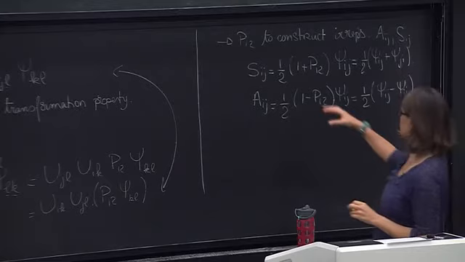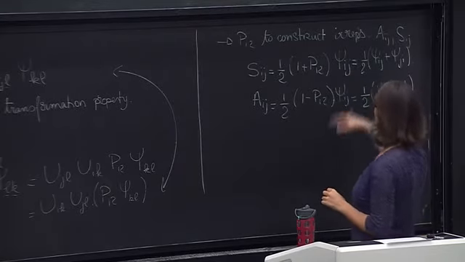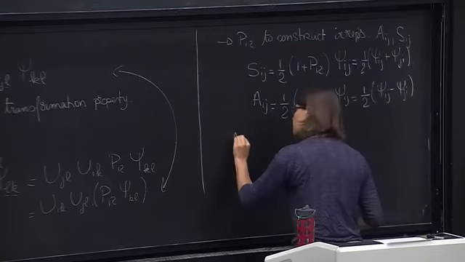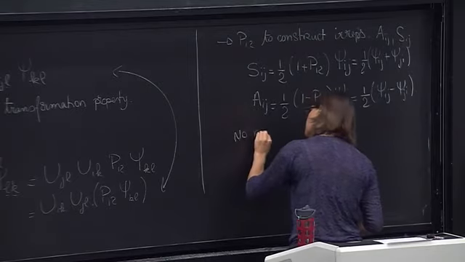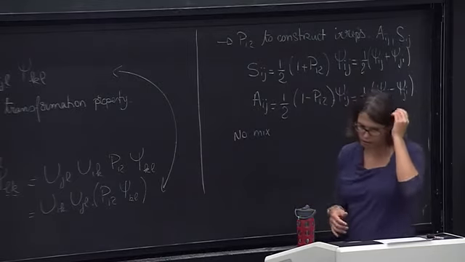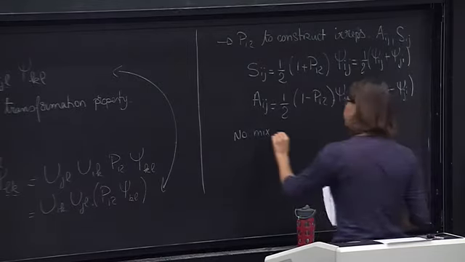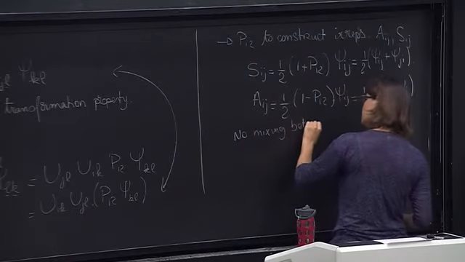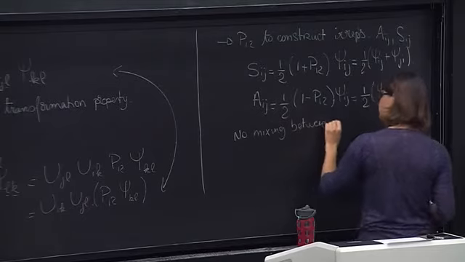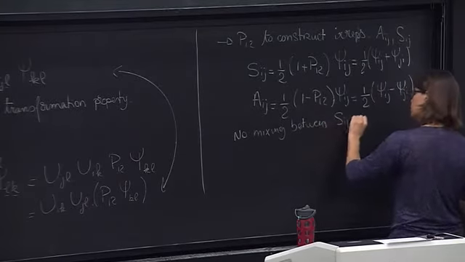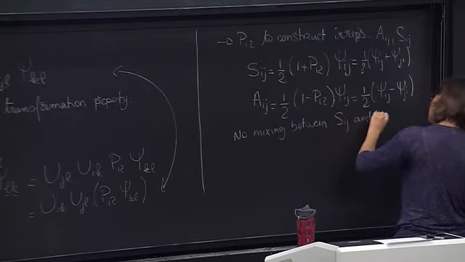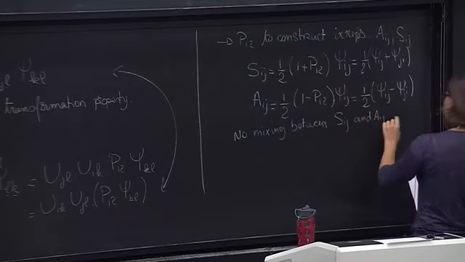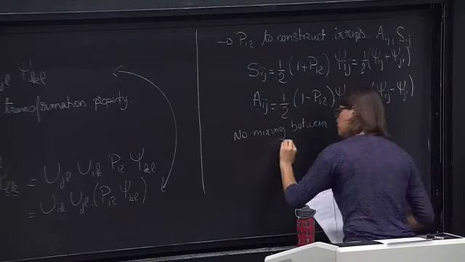And here what is interesting is that there is no mix. So that's why it's also a representation. So there is no mixing between these two parts, the antisymmetric part and the symmetric part, under SU(N) transformation.